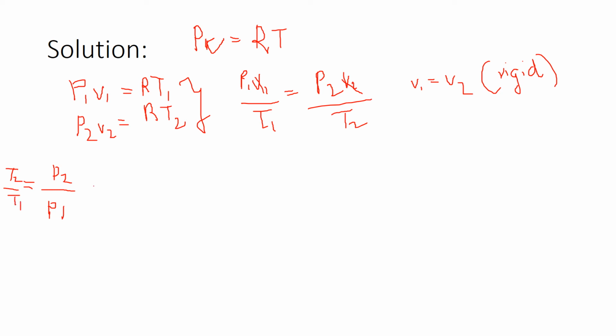If I plug in the values, it is 150 over 100. Any value without a unit is useless, so we need to plug in the units: kilopascal. It is equal to 1.5. So the ratio of temperatures T2 by T1 is 1.5.